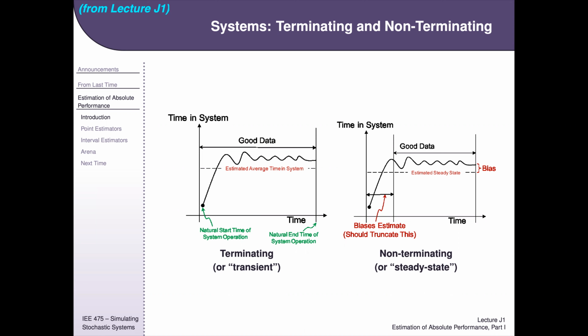Right, so that's kind of the key difference between terminating systems, which are simulated with transient simulations, transient because we include the data, versus non-terminating systems, which are simulated with steady state simulations. And these are steady state simulations because we do everything we can to discard this data. So we only focus on the steady state.